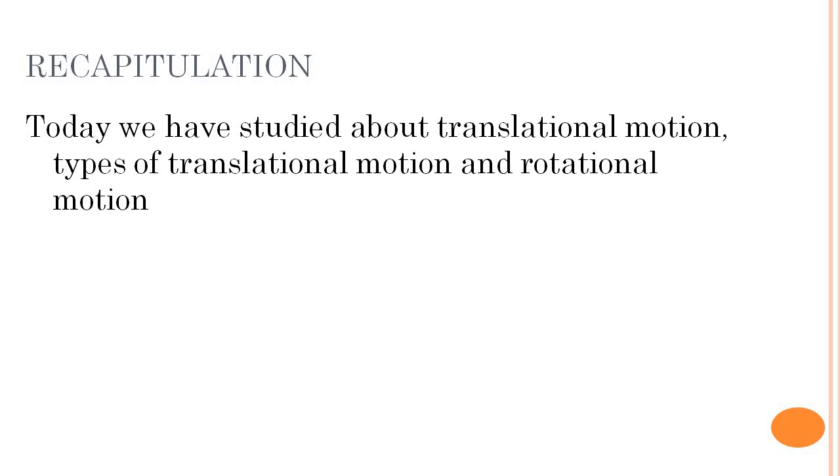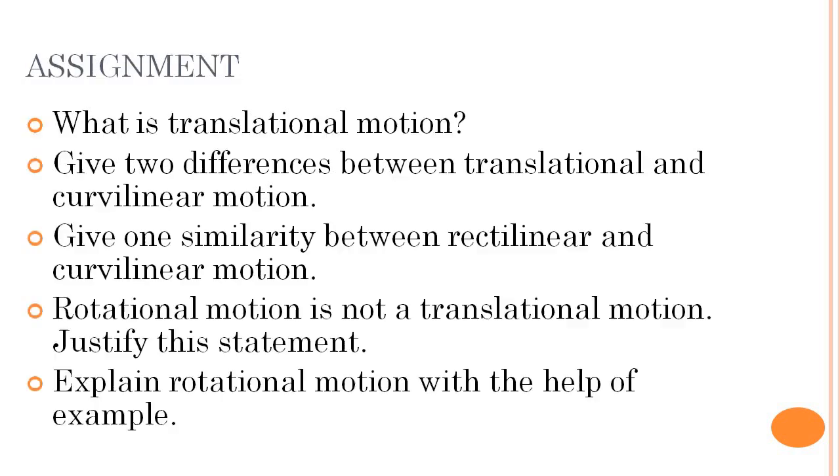In curvilinear motion, the object goes through a curved path, while in rectilinear motion, the object moves along a straight path. And we also studied rotational motion, in which an object moves about its axis and each part of the object covers different distances in a given interval of time. That is known as rotational motion.